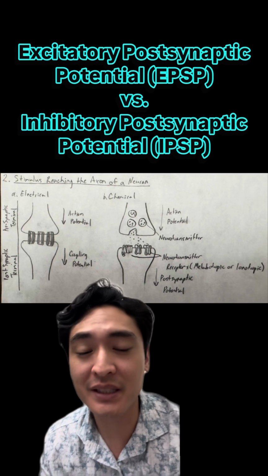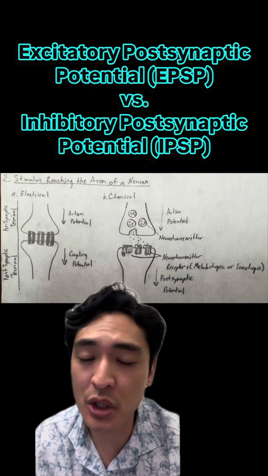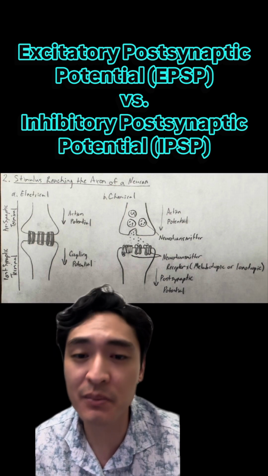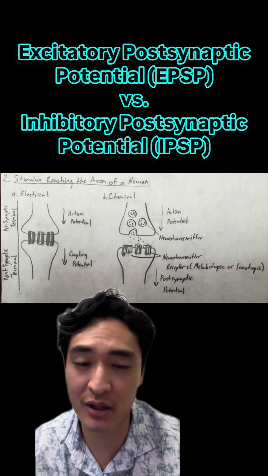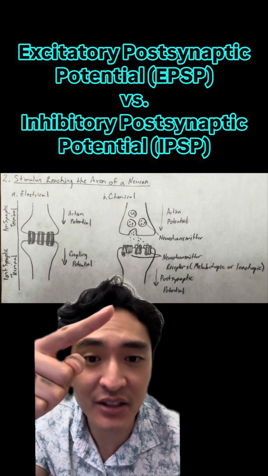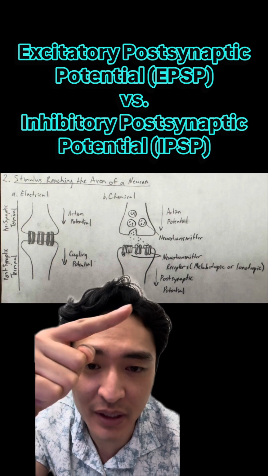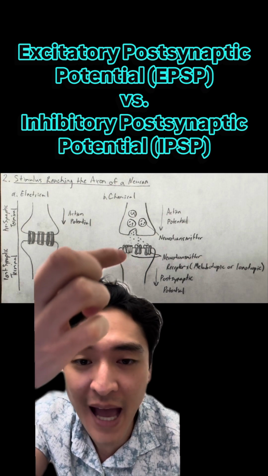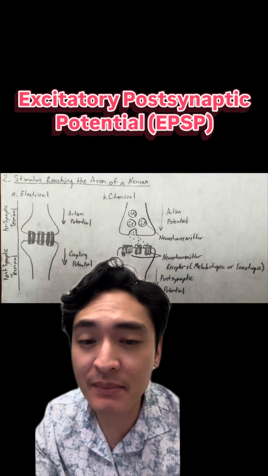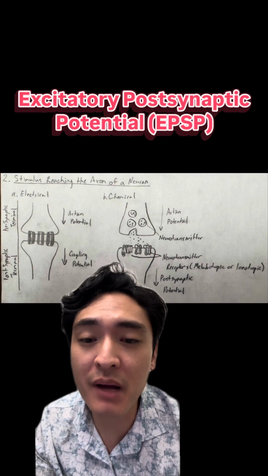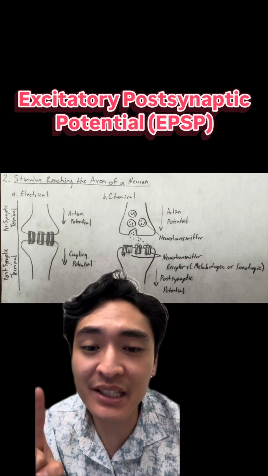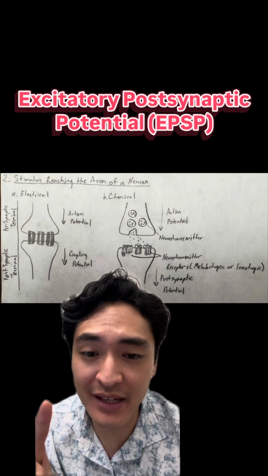You're probably wondering what excitatory and inhibitory means, though. Those are just terms used to describe the postsynaptic potential, which is just another word for the action potential in this postsynaptic neuron. So as you can see in the electrical, you have the neuron that's the second one there, and the neuron in the chemical that's the second one here. When the action potential passes to that, it becomes your postsynaptic potential. An excitatory postsynaptic potential occurs when the sodium ion channels in the postsynaptic neuron open up and the likelihood of an action potential firing in that neuron increases.